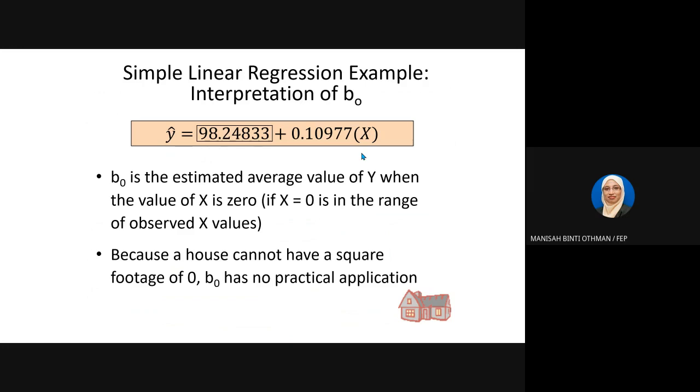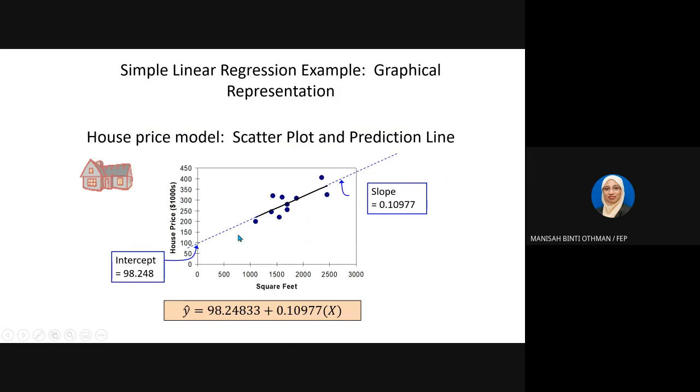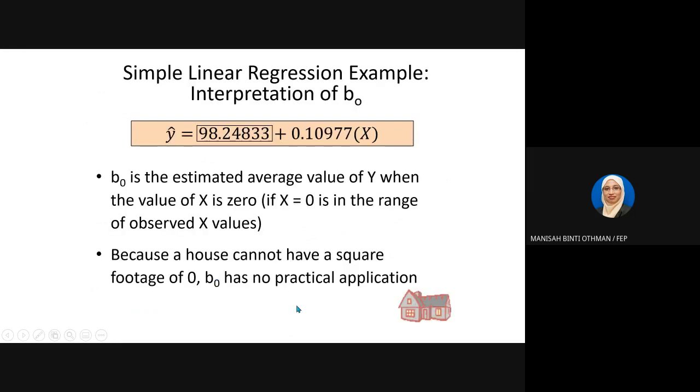When X is 0, that is the minimum value for Y. However, you will still get the value for the intercept. It doesn't mean that there is an actual intercept there; it's only when you extend your line that you get the intercept. But in this case you cannot interpret that when size is 0, the minimum house price is 98,248.